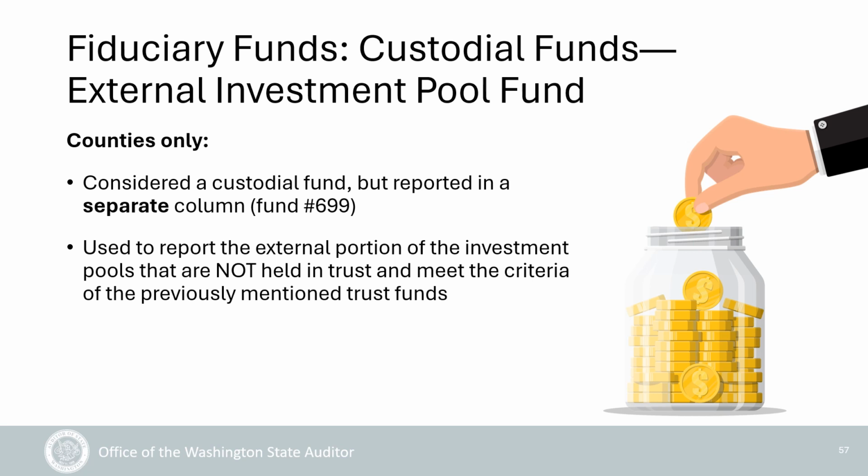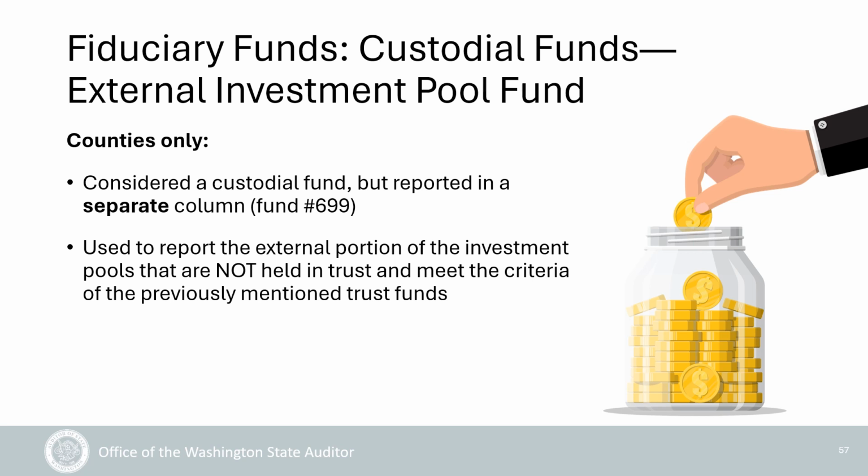I know we spoke about investment pools in the investment trust fund section, but that was for an investment pool in a trust or similar agreement. If the county's investment pool does not meet the requirements to be reported in an investment trust fund, then the investment pool would be reported here.